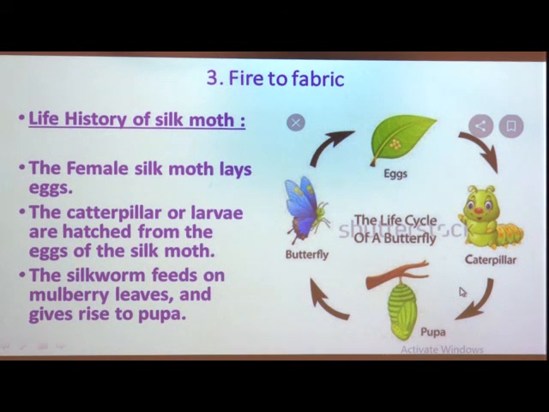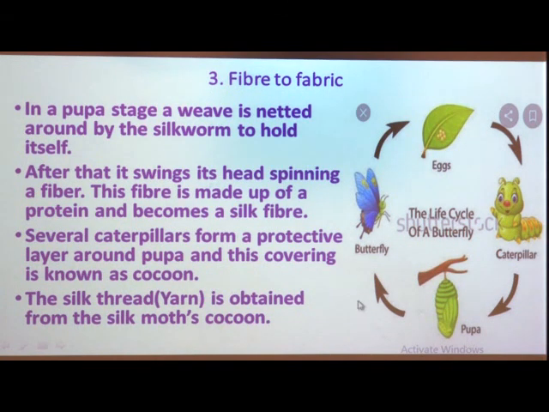So in this stage what happens, in the pupa stage a weave is knitted around by the silkworm to hold itself.